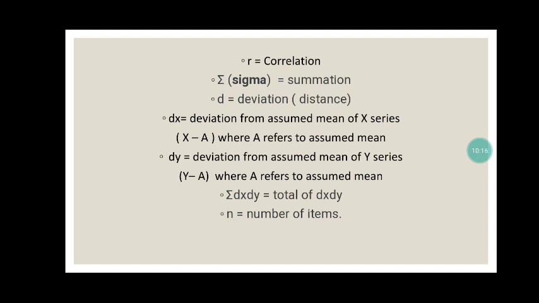While seeing the numerical problems, I will tell you how to calculate this dy. Then another term in the formula is summation dx into dy, which refers to the total of dx into dy, because summation refers to the total. Then n refers to the number of items given in the problem. So these are the interpretations of the different terminologies given in the formula.